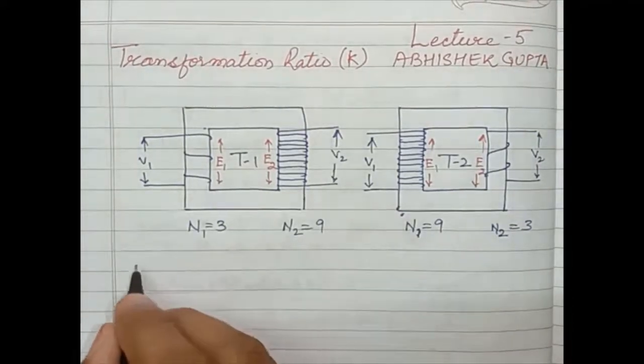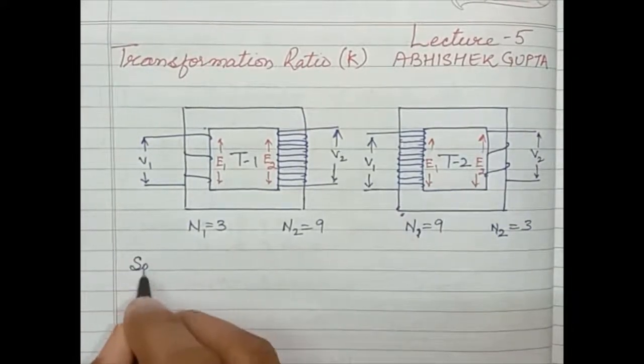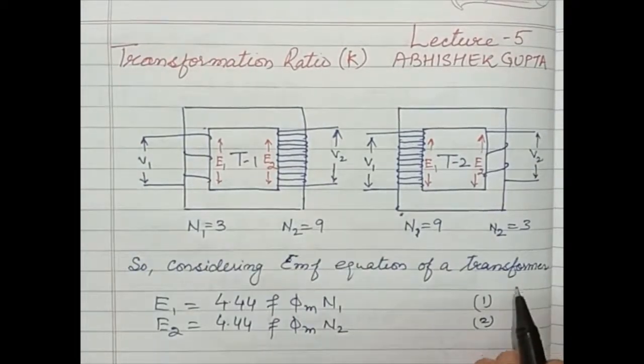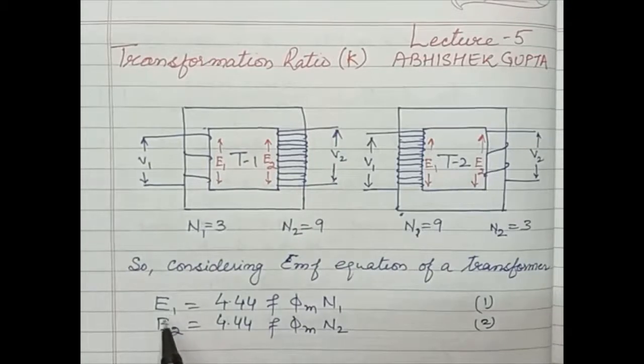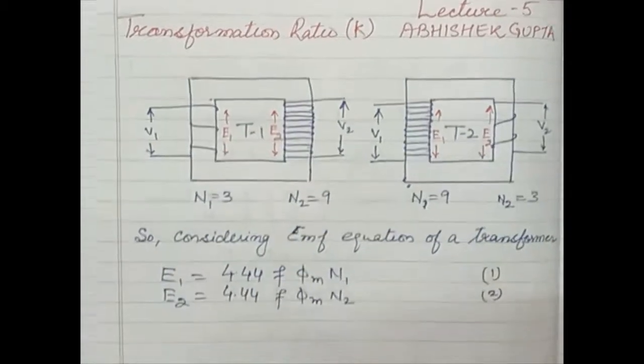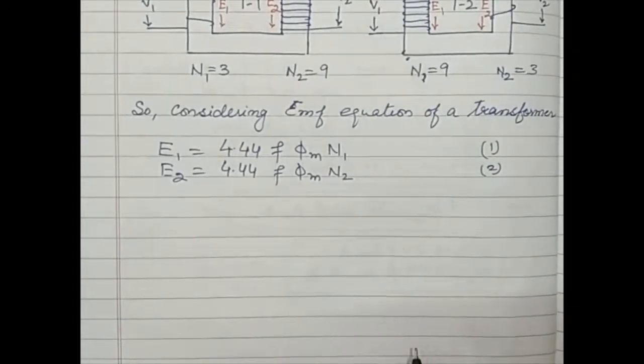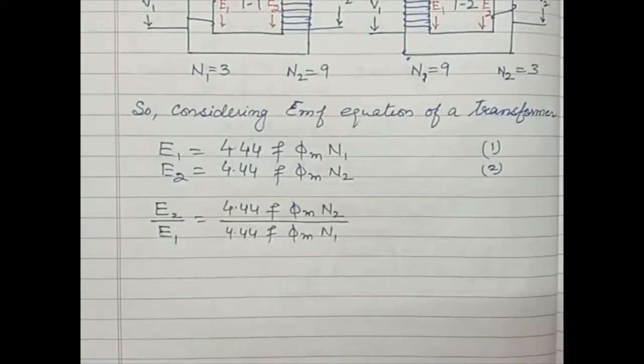So considering the EMF equation of a transformer, the primary induced EMF is E1 equal to 4.44 F phi m N1, and for the secondary, E2 is equal to 4.44 F phi m N2. Now taking the ratio of these two equations, what will we get?